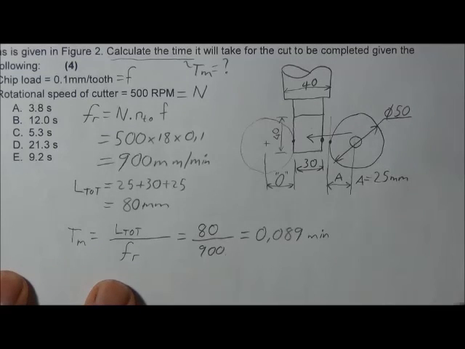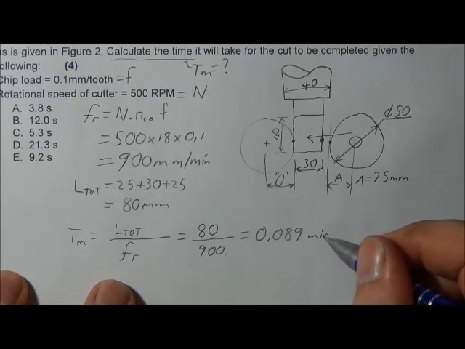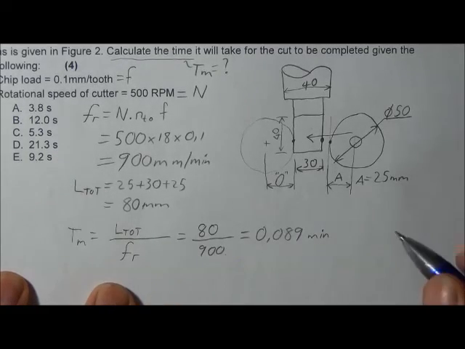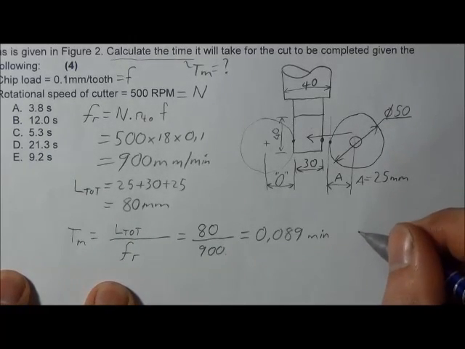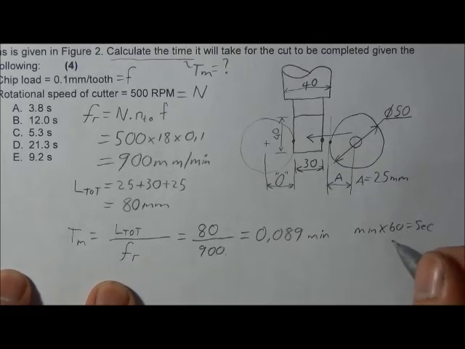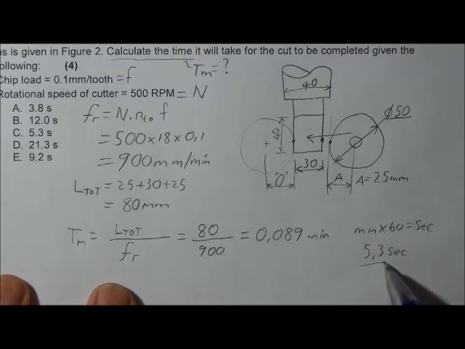minutes. To get it to seconds, because all of our options given in the question are in seconds, we have to multiply it by 60. So if we multiply that by 60, we get an answer of 5.3 seconds.